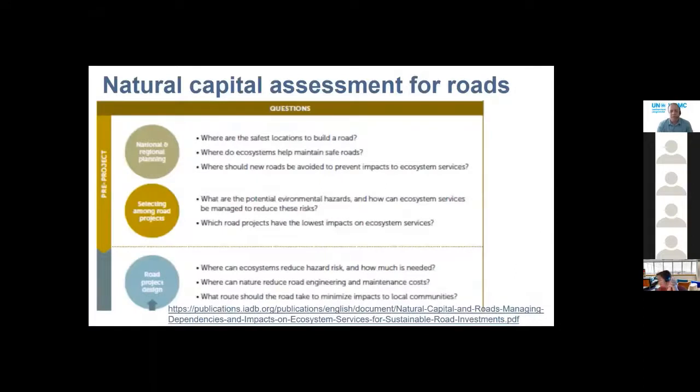A more generic example here from this publication is looking at natural capital assessment for roads as well. So where's the best location to build the road to avoid impacts on ecosystem services, and how can natural capital and ecosystem services be used to best reduce the risks to the road system.